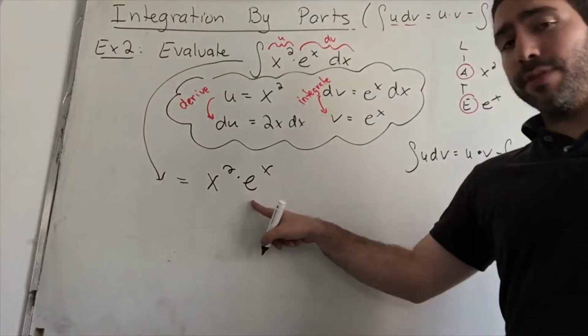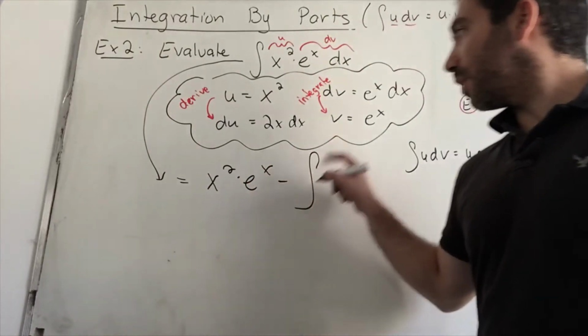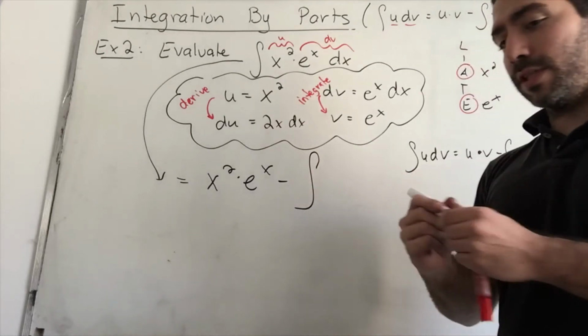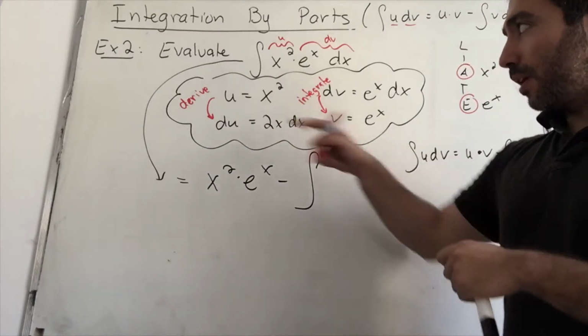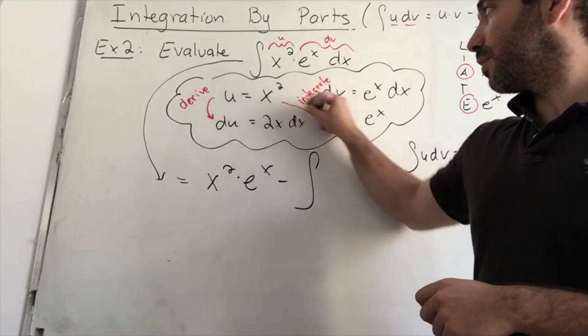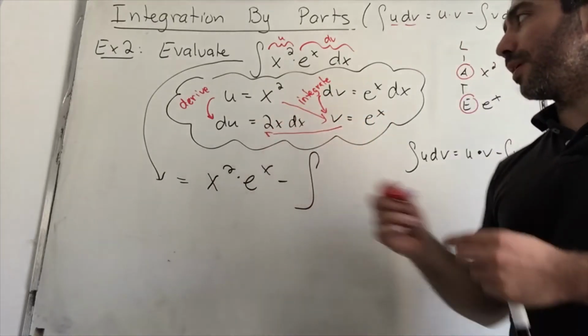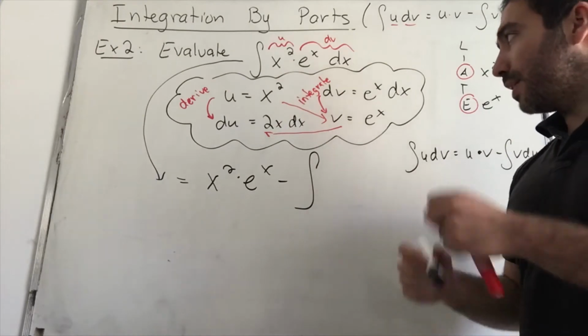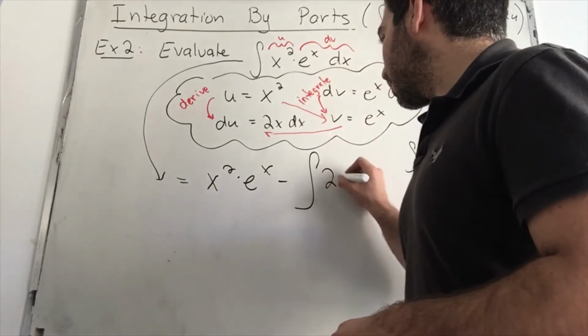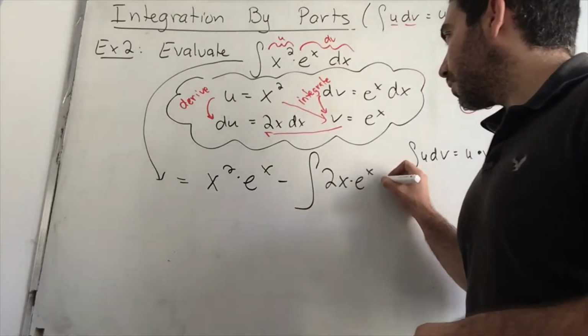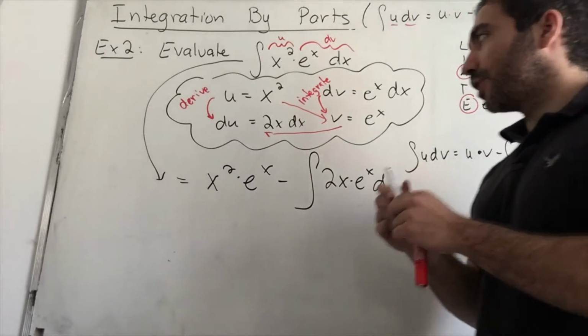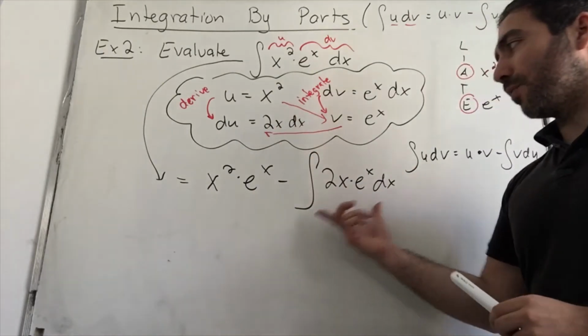This is on the outside of the integral, minus the integral of v times du. So again, we follow this pattern of top left to bottom right, minus the integral of bottom right to bottom left. So minus the integral of 2x times e to the x dx. Okay, so I just moved the 2x over here in the front, and we're left with this.